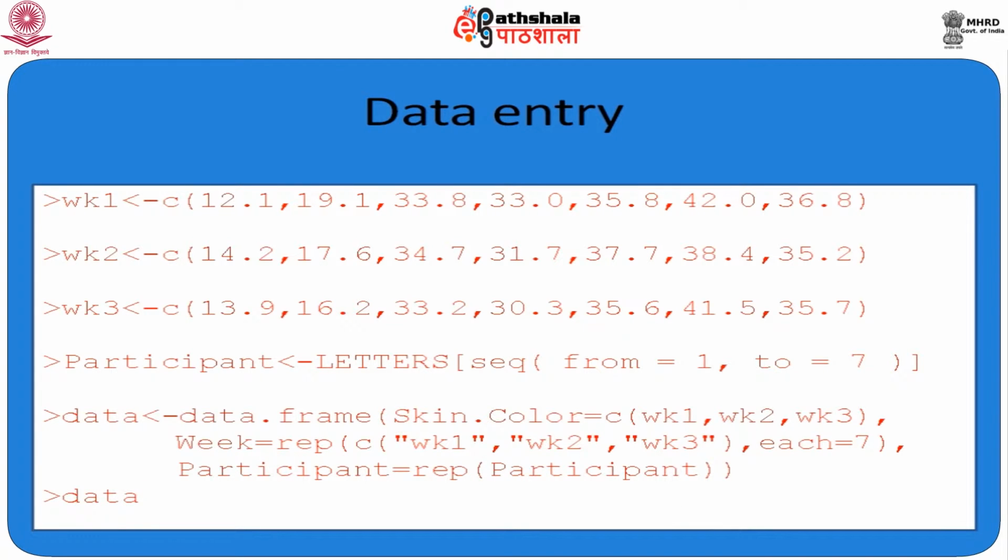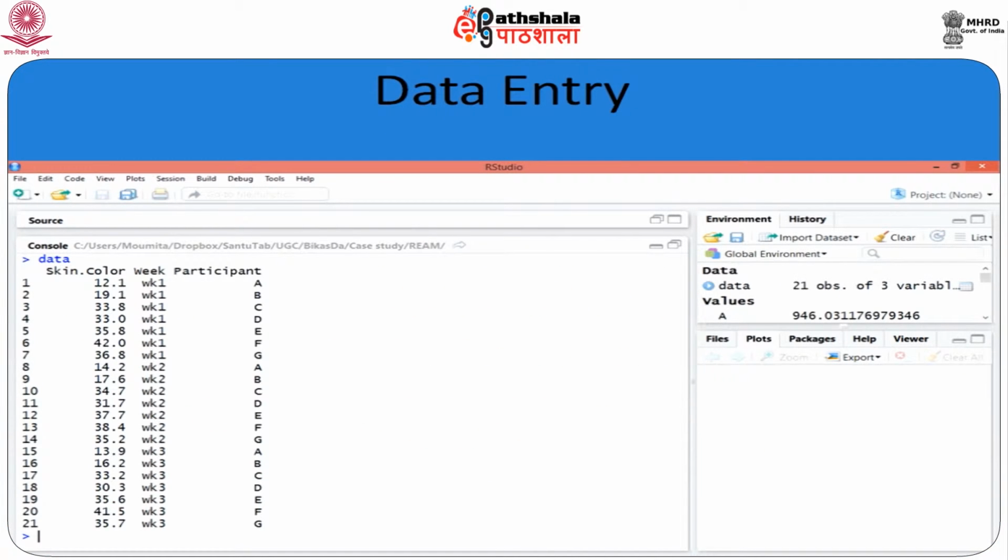If you want to see the data, just type data, which will give you the data that you have entered and formed as a data frame. There are 3 columns, as you can see: the skin color, the week and the participants.